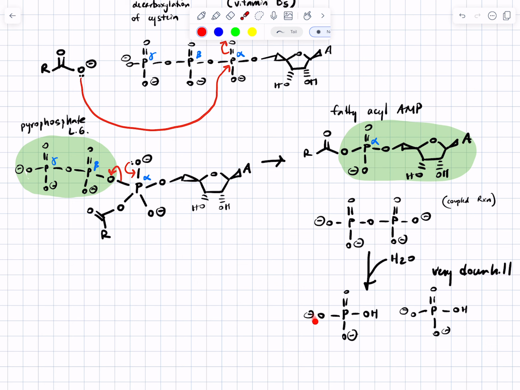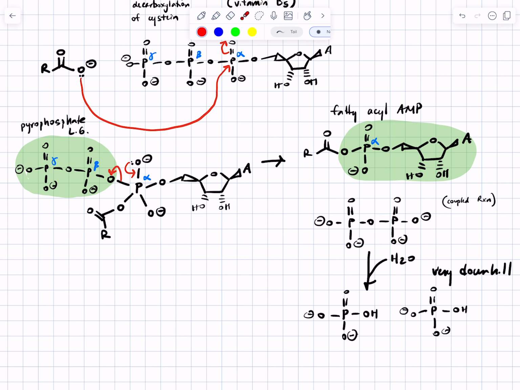I don't actually know whether this happens spontaneously in water at some rate or whether an enzyme is necessary to catalyze it. In any case, it's very exothermic. It's downhill. The phosphate itself is about the same level of energy as the carboxylate. So hydrolyzing a pyrophosphate to a phosphate is a downhill reaction.